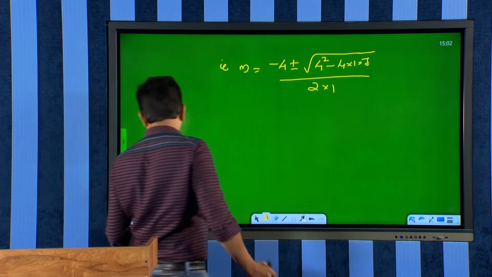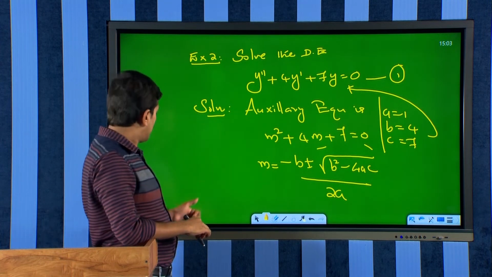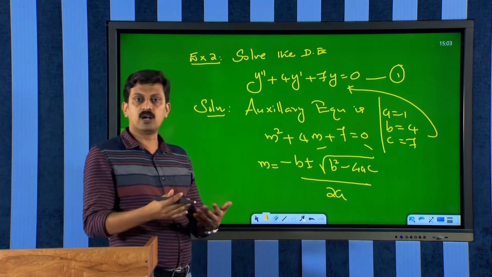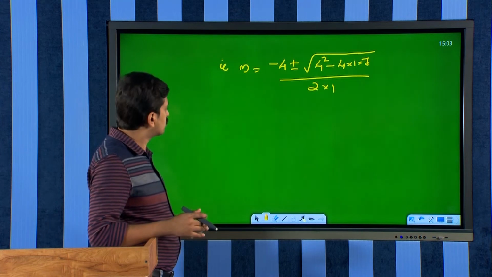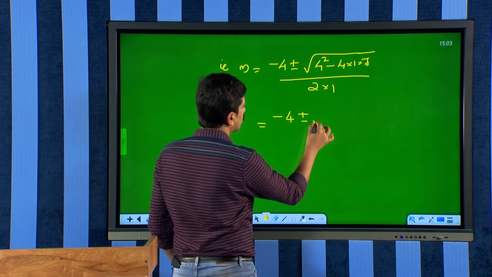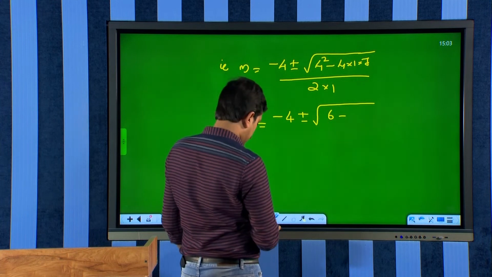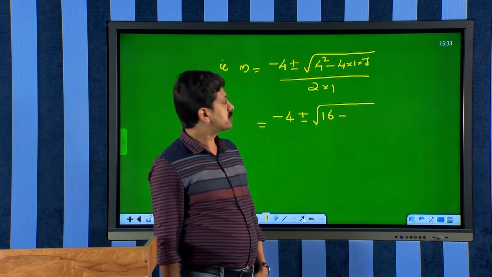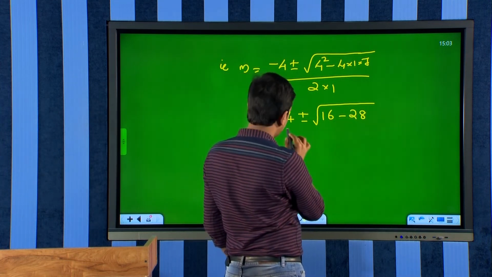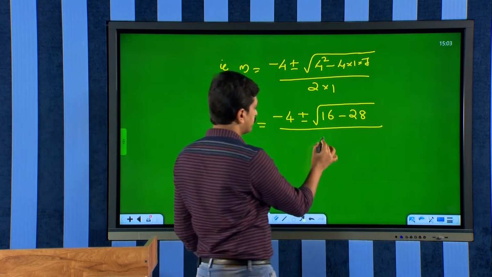Because this is a monic polynomial, the value of a is always 1, so no problem. Here this is equal to minus 4 plus or minus root of 16 minus 4 into 7, that is 28, divided by 2.